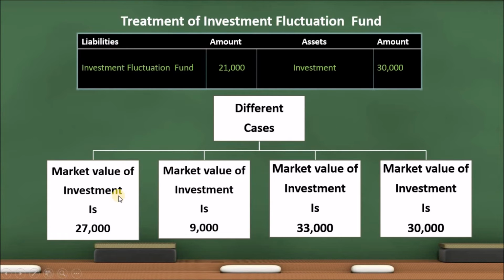The difference between these two cases is that here the loss is 3,000 and we have enough fund to cover this cost, and in this case the loss is 30 minus 9, 21,000, which is exactly equal to the fund available with us. So this is a slight difference between these two cases. Now let us discuss these four cases one by one.